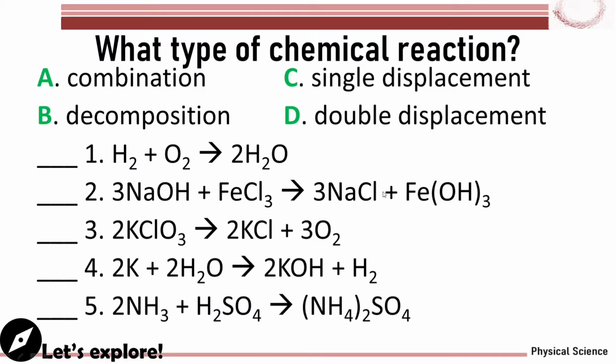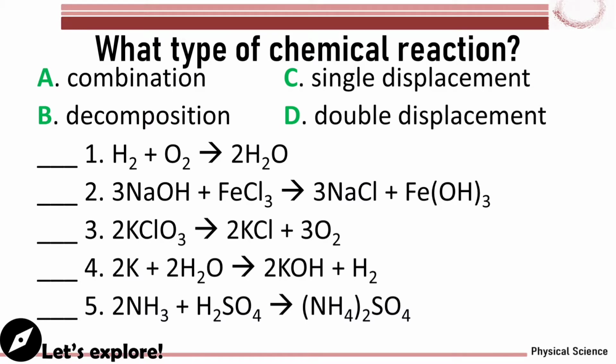And these things are representing different chemical reactions. So, meron tayong 4 na chemical reactions: combination, decomposition, single displacement, and double displacement. So, what you're going to do is that you'll identify kung anong uri ng chemical reaction itong 5 items na meron tayo. So, let's start with number 1.